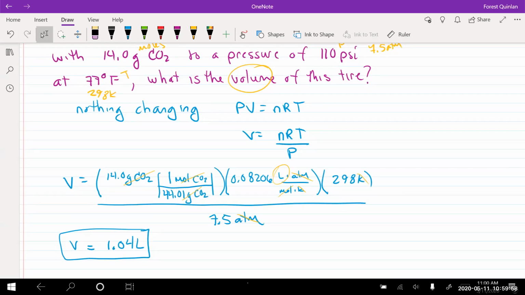You just have to make sure that in these problems, though, if the pressure were given to you in millimeters of mercury, you would have to go to atmospheres. I expect you to know the 760 to make an atmosphere. If I gave it to you in milliliters, you'd have to change it to volume in liters to make sure everything canceled. But I'm not going to do any like English to metric on you. But changing from milliliters to liters in Celsius to Kelvin, that's fair game.